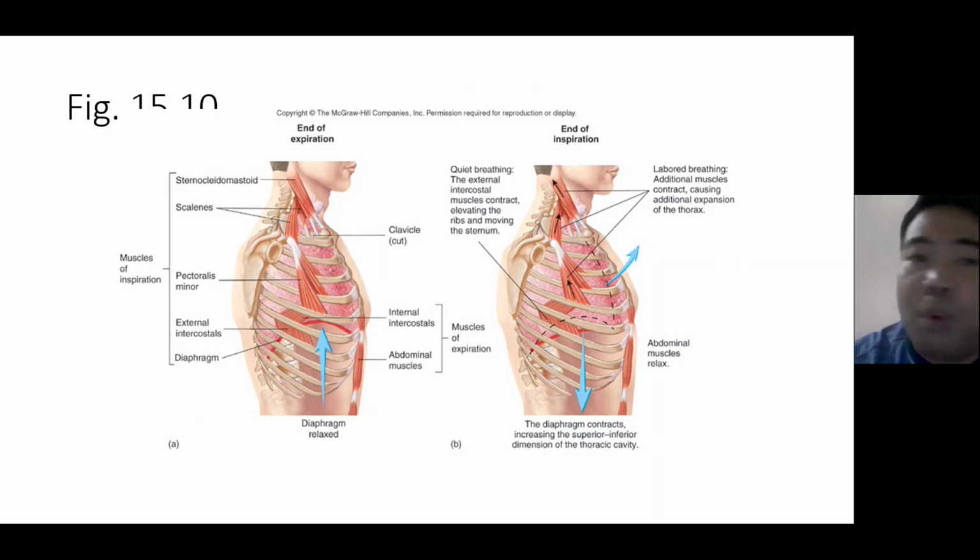So therefore, polio victims in the past suffer from difficulty breathing. They even suffer from respiratory failure. Okay? So, sige, let us continue.